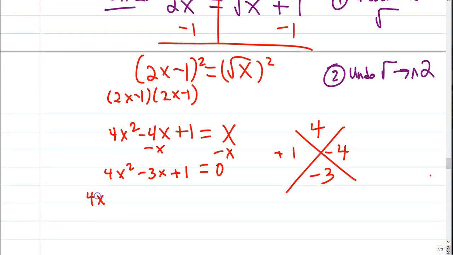4x squared. I'm going to put the negative first, so minus 4x plus x plus 1. The first two have a 4x in common, leaving us with x minus 1. Something's off, I think, because these are both x plus 1, so they're not the same, are they?